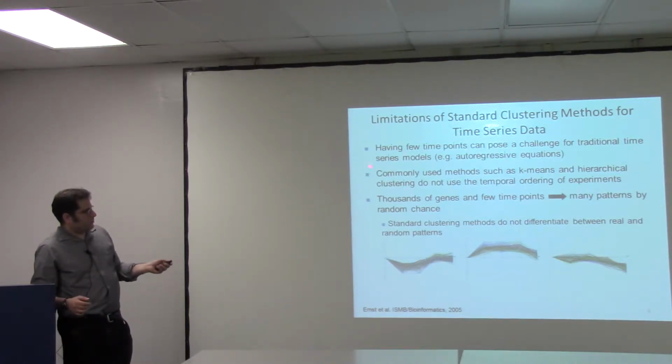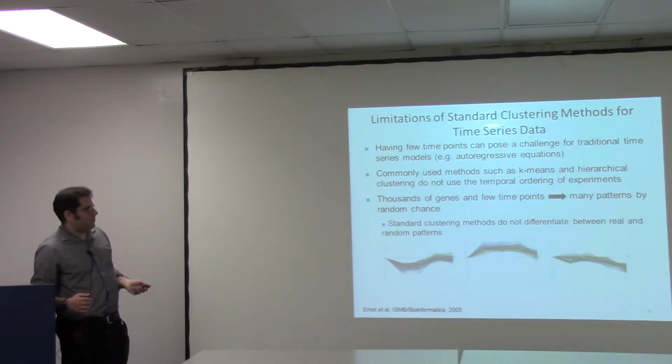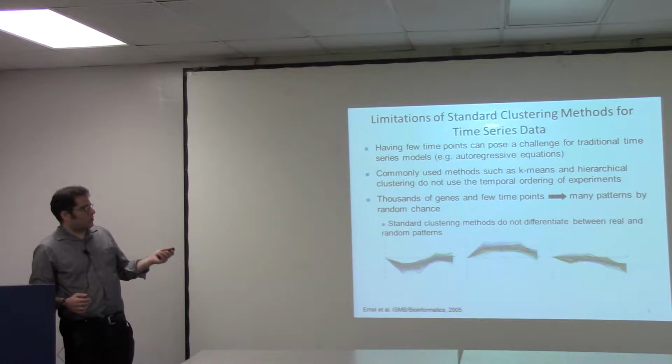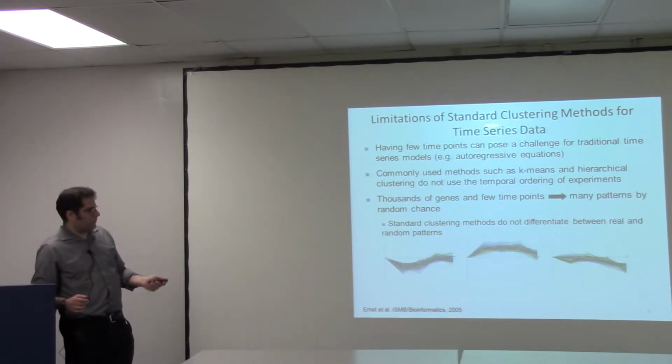And also, there's a sort of rich time series literature developed based on a lot of methods that assume you have much longer time points, fitting various types of autoregressive equations or other types of dynamic models. But some of these methods tend to break down when you have this few number of time points.